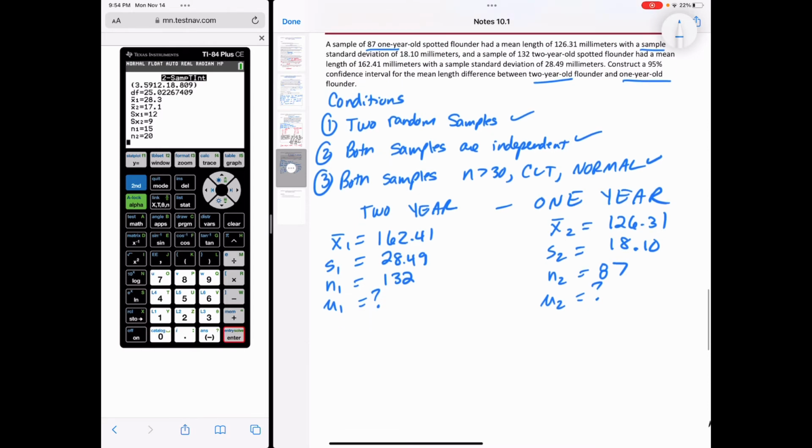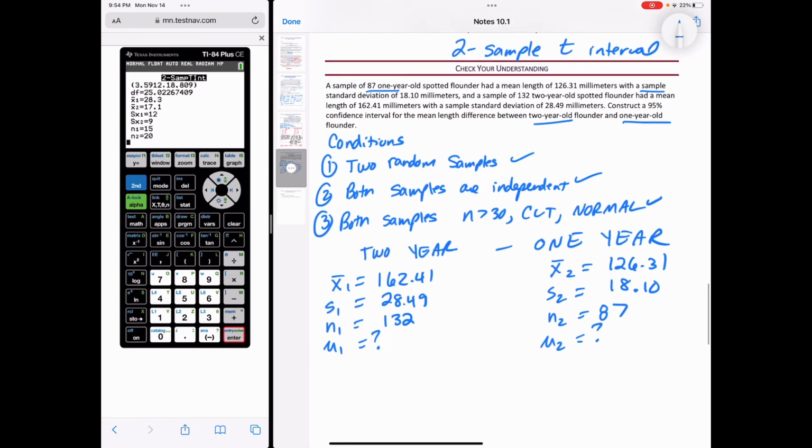And we're going to use our calculator, and I'm going to go to stat tests, and again, this is a 2-sample T. I'm going to input my stats. X bar 1 is 162.41. S of 1 is 28.49.